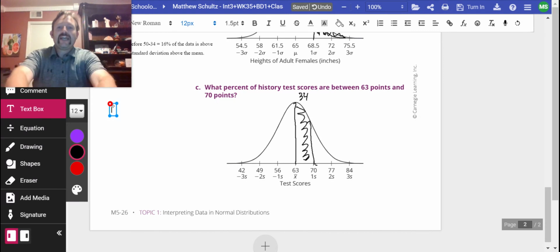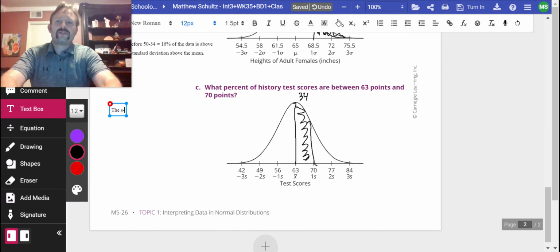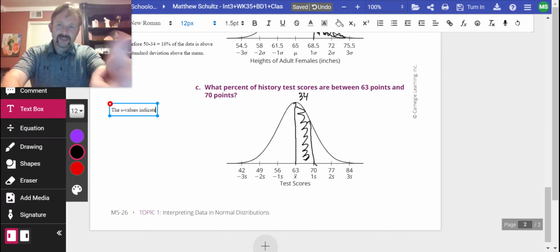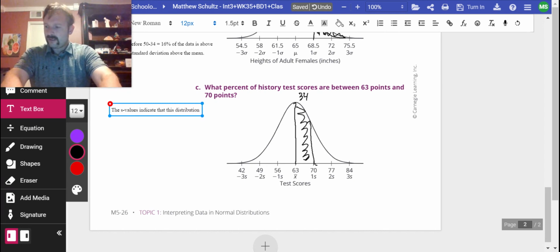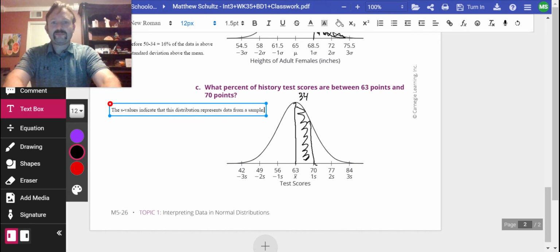The S values indicate, because it's an S, see? The S values indicate that this distribution represents data from a sample.